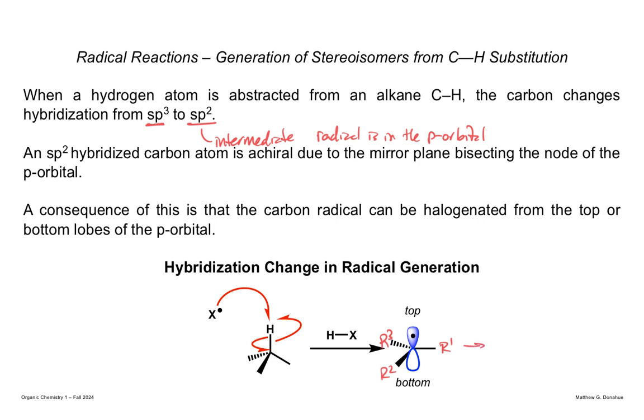And so you would get, if it went from the top face, or if it went from the bottom face, you're going to get a 1-to-1 mixture of those stereogenic carbons. And again, that's called a racemate.